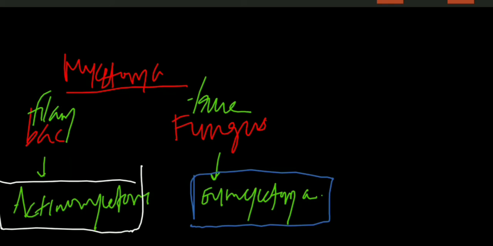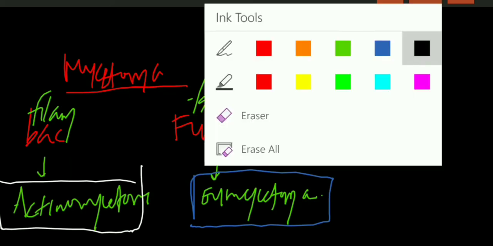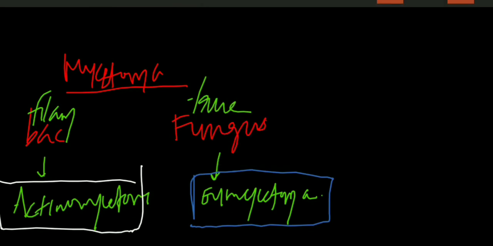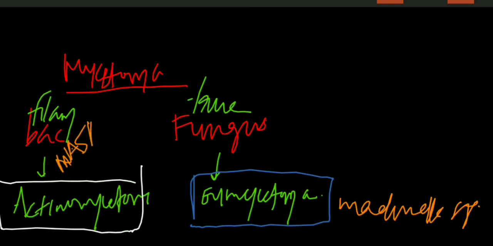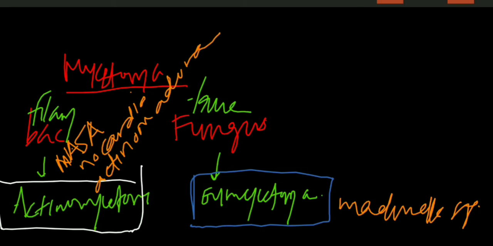So the organisms in Mycetoma include Madurella species, whereas in Actinomycetoma the species you can remember as NASA. The first N is for Nocardia, then Actinomadura and Streptomyces.